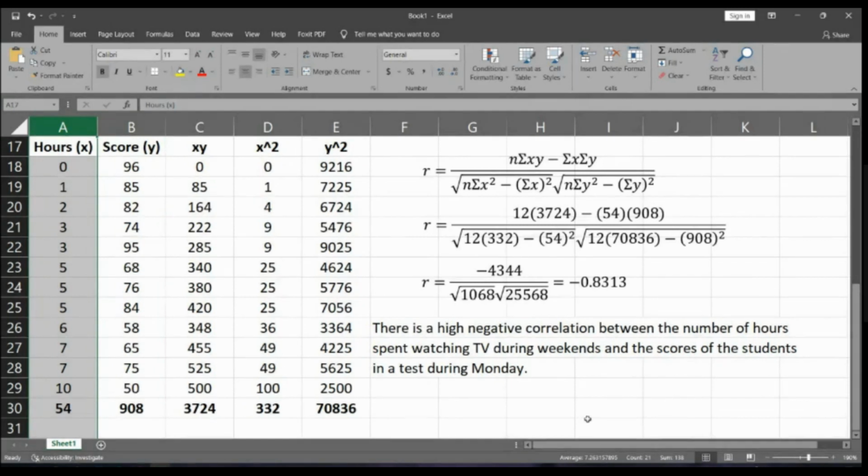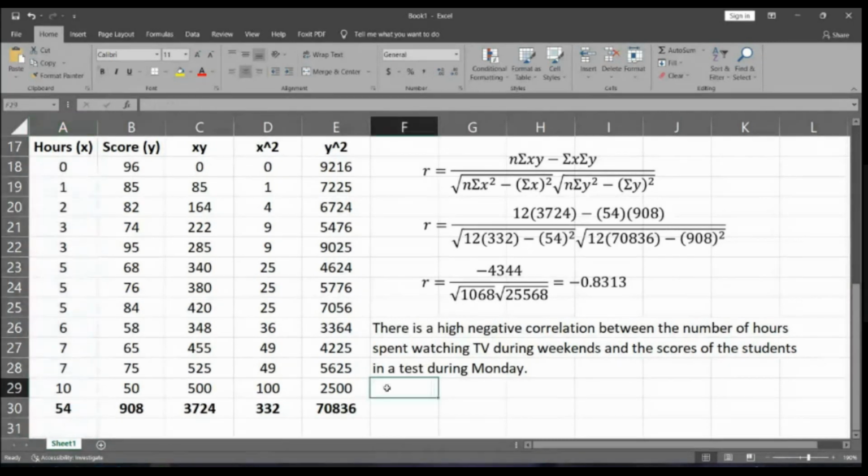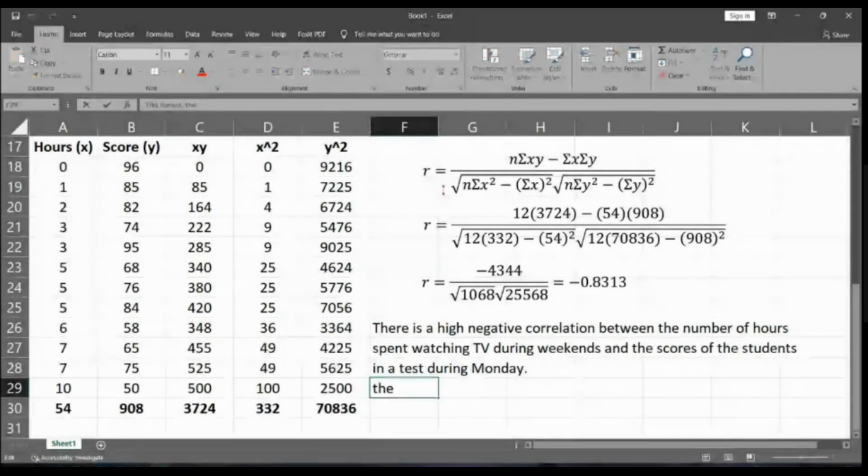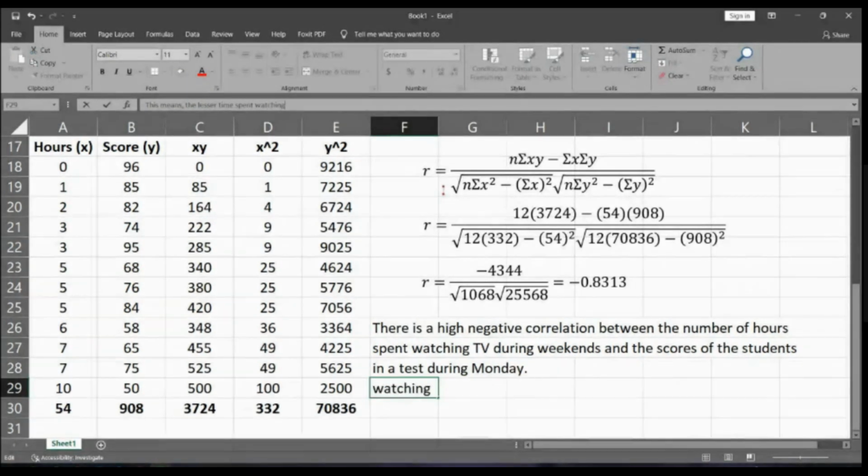Okay? Alright. Let me add that interpretation. This means the lesser time spent watching TV, the higher the score, and vice versa.